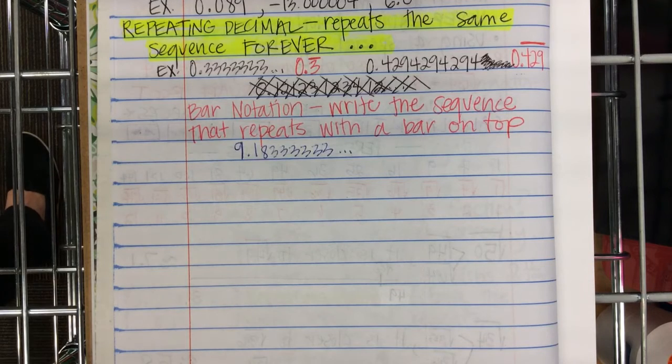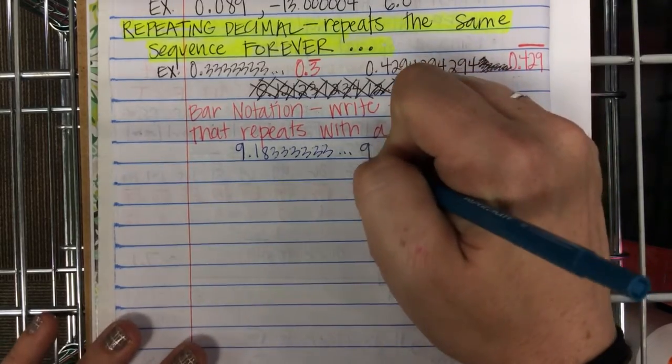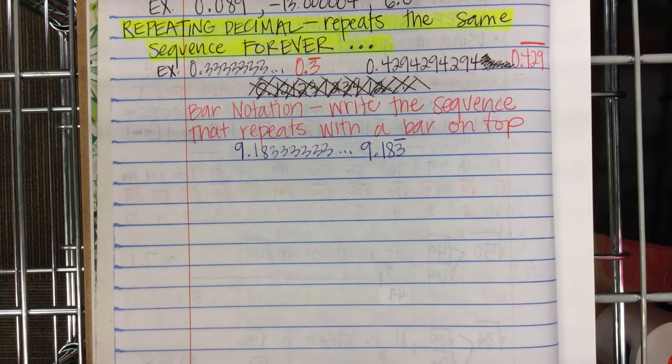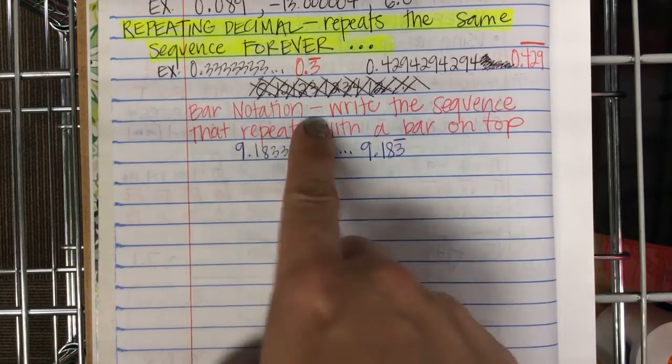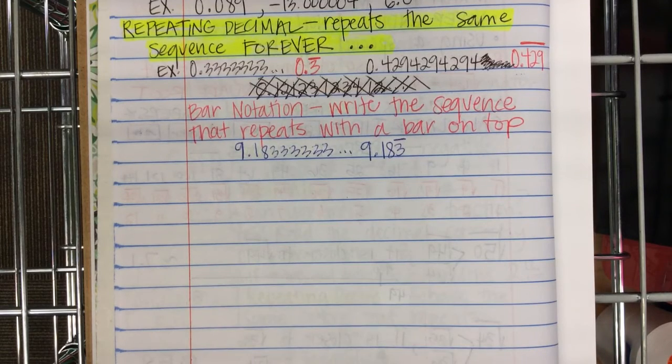How would you write that one in bar notation, Julia? 9.183, but the bar only goes over the 3. Julia, why only over the 3? Because only the 3 repeats. The sequence that repeats gets the bar on top. The only thing that repeats is the 3.